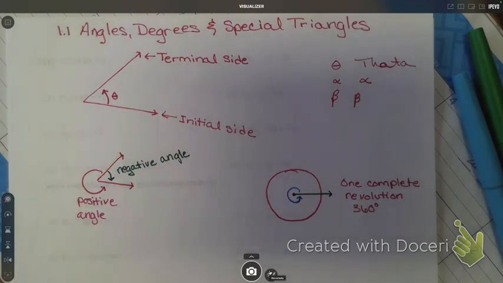We will have half of a revolution, which would be how much? 180. We will have a quarter of a revolution, which would be 90. We have 3/4, which would be 270. Those will be our main ones.